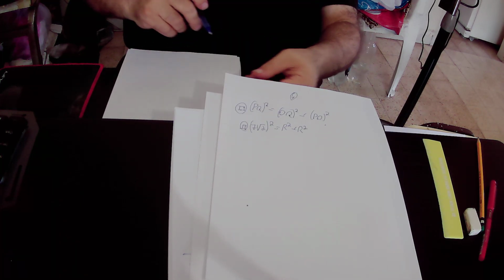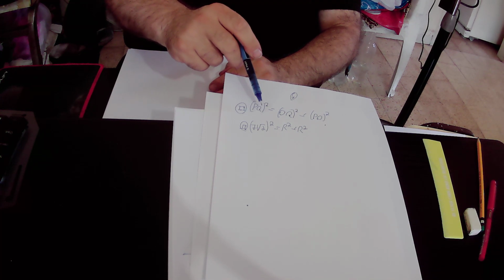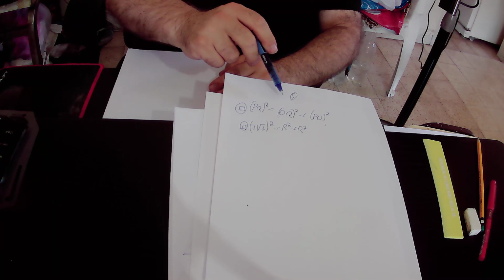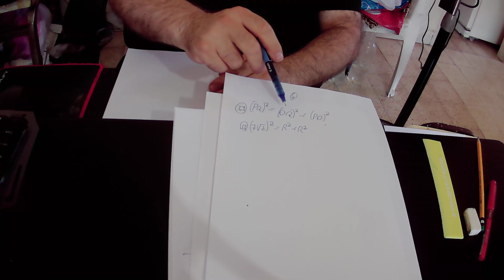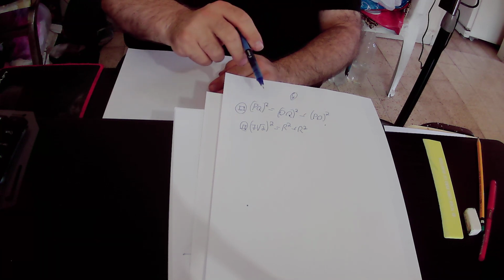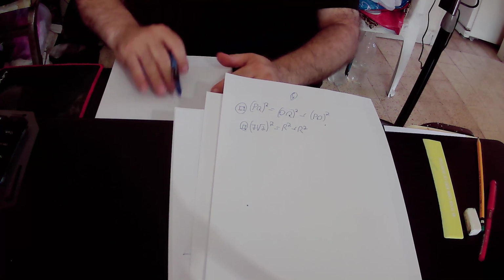PQ square is 7 root 2 square, because PQ equals 7 root 2. OQ equals R, so we have R square, and PO equals R, so it is R square, or 7 times root 2 square equals R square plus R square.